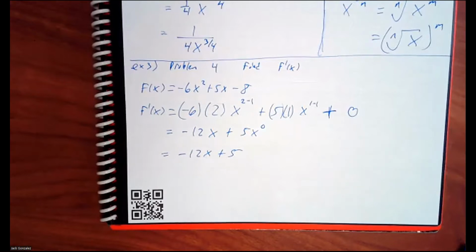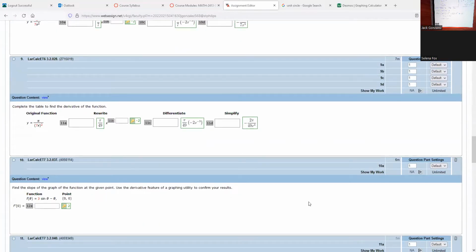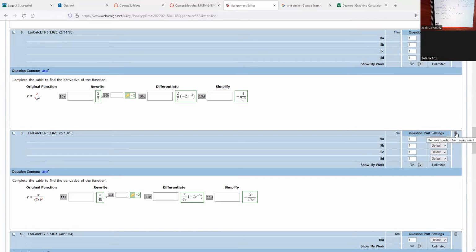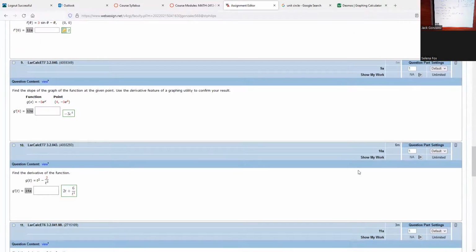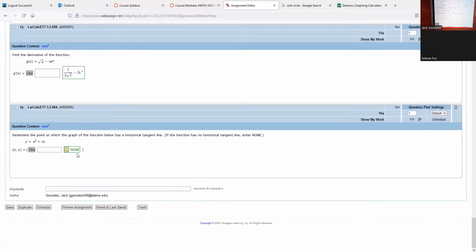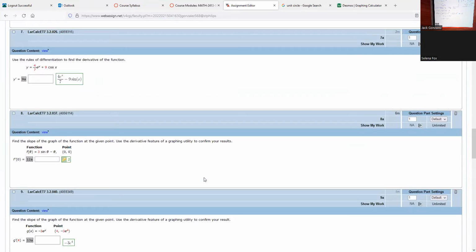Any questions on the power rule? That's what we did. 3.2 is getting comfortable with the power rule. Okay.